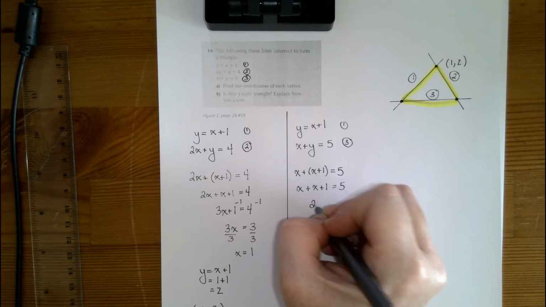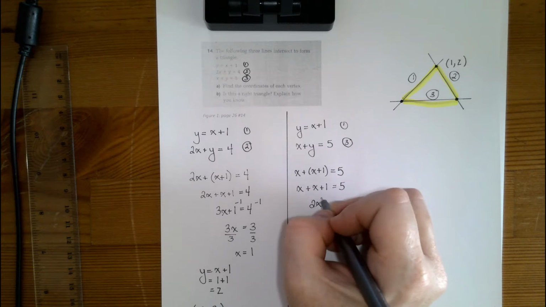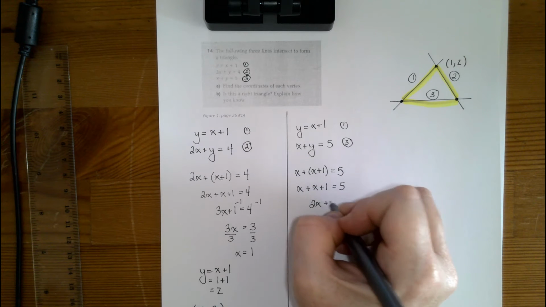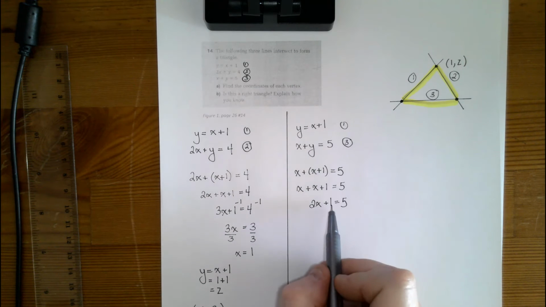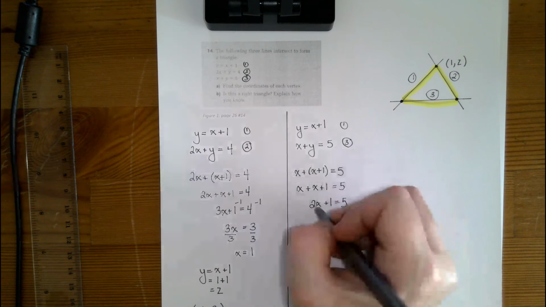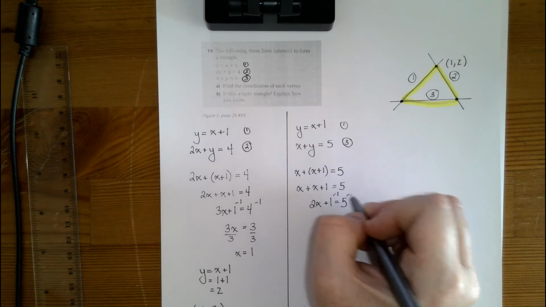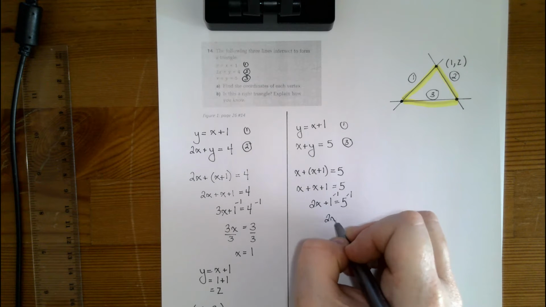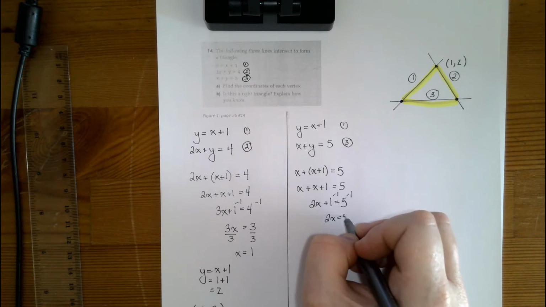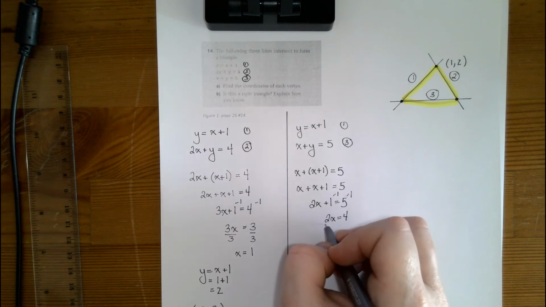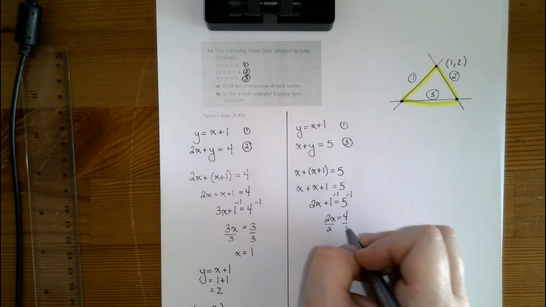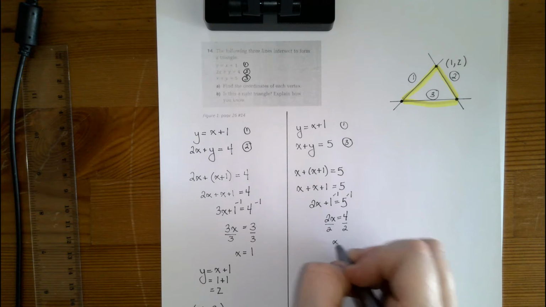I collect my like terms, so I have 2x plus 1 equals 5. Now I want to get rid of the additional 1 on this side, so I subtract 1, and 2x equals 4. To get rid of this 2, I divide by 2, and now x equals 2.